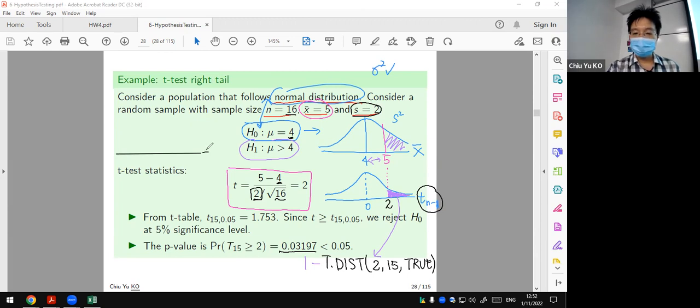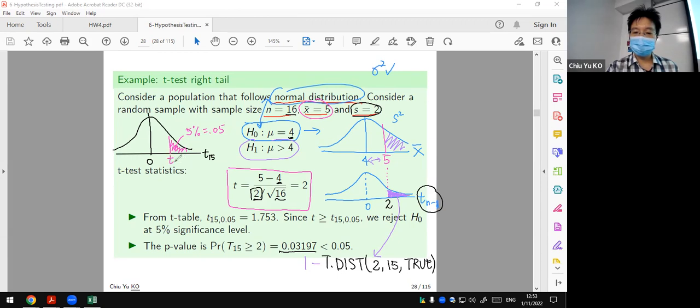looking at this, look at T15, also a bell curve, at 0. Instead of looking at this, you go back and ask yourself, if here I want 5%, which means 0.05, what is this number here?